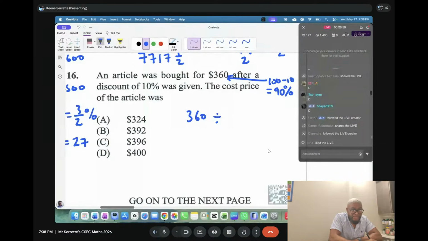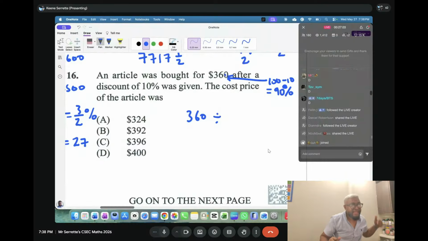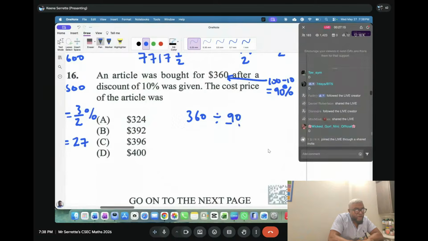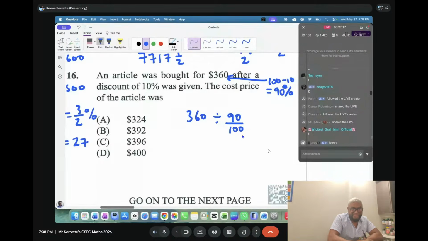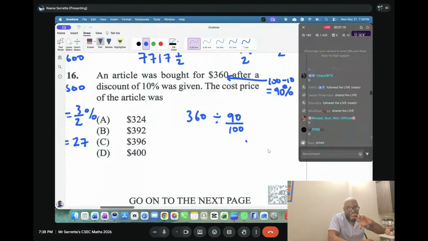Are we correct there? So to roll back that figure, all you have to do is divide by 90 over 100, aka 90%.